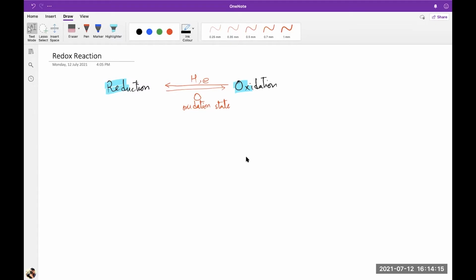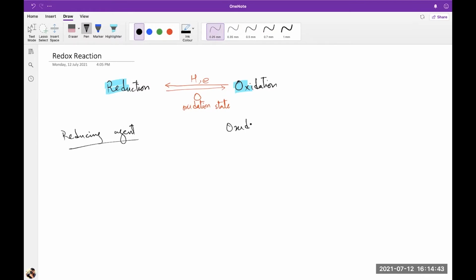We have already talked about how metals are good at oxidation, so we say that metals oxidize themselves. What do metals do to other things then? When a metal reacts with something, it gives electrons to it. So we can say that metal is a reducing agent. A reducing agent is something that reduces the other thing, or in other words, it gives electrons, it gives hydrogen.